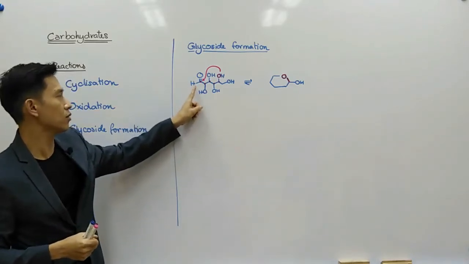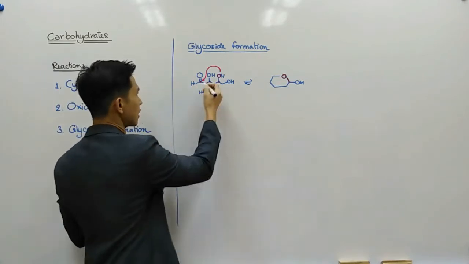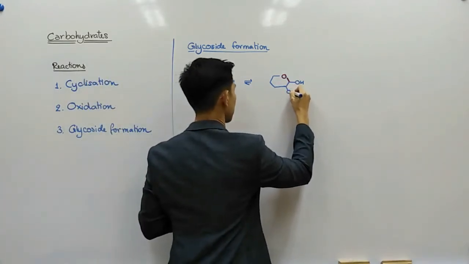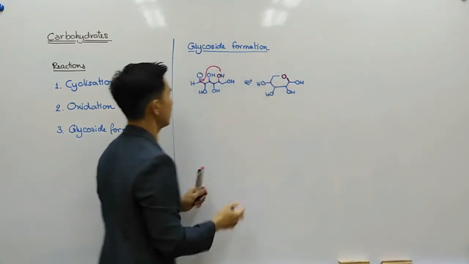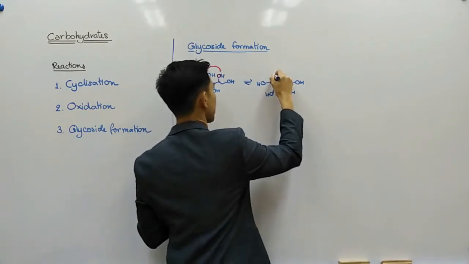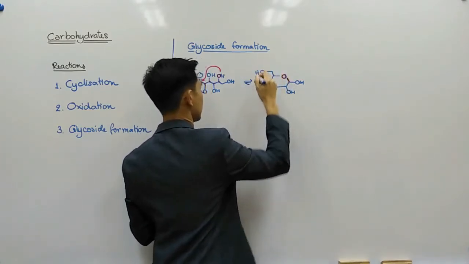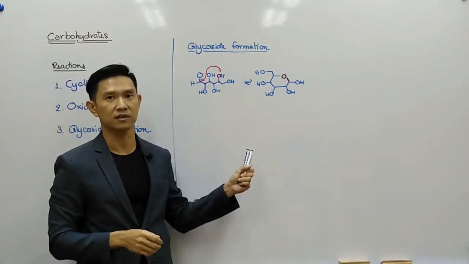From the double bond O, you have a single bond O. That's the first carbon. The second carbon contains one OH, the third carbon, the fourth carbon, and the fifth carbon with OH is like this. It now connects with another carbon, number 6, and then OH. So this is the hexagon structure.